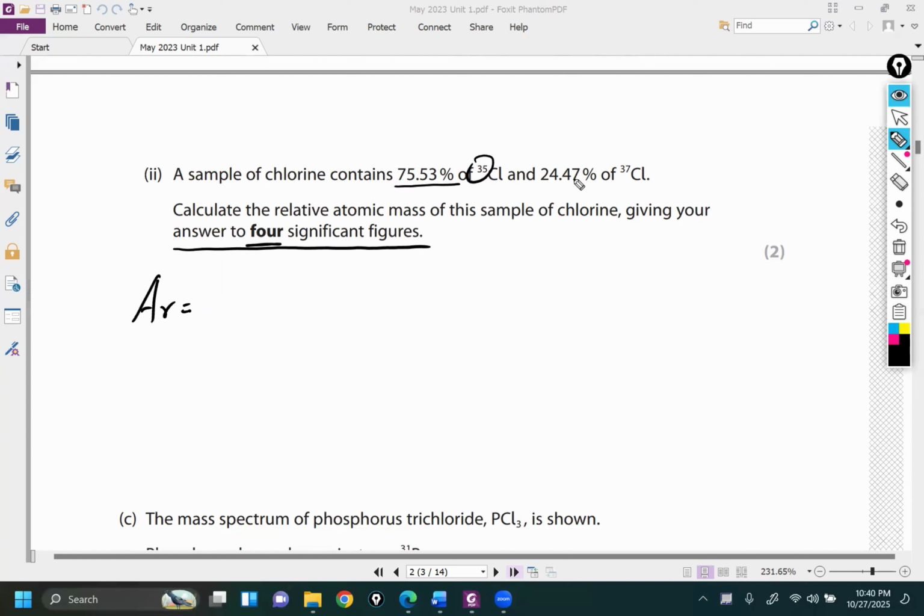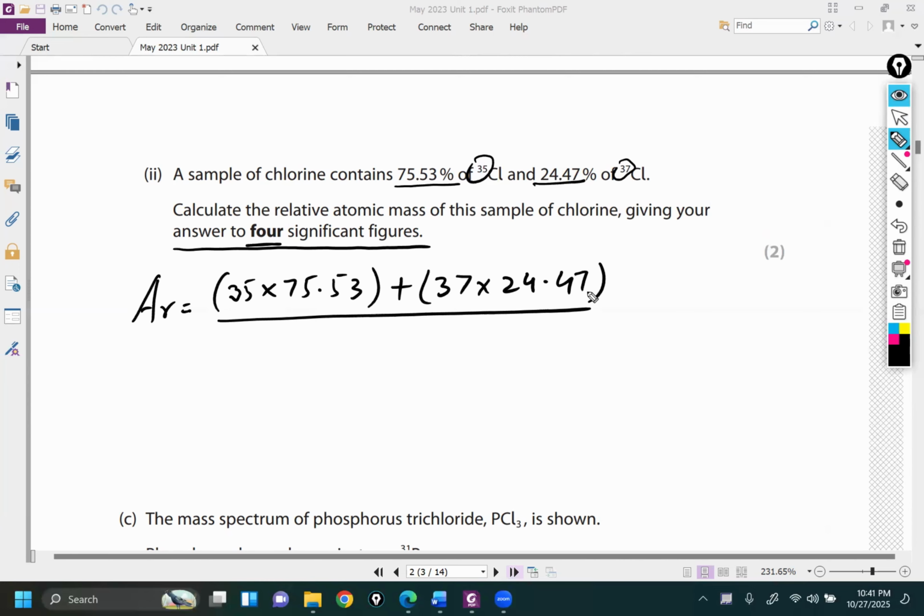For the second isotope, this is the abundance percentage, and that is the mass number. So we can calculate 35 times 75.53, then plus 37, the mass number of the second isotope, times its abundance percentage, and now the sum of the percentage abundance, that is 100.